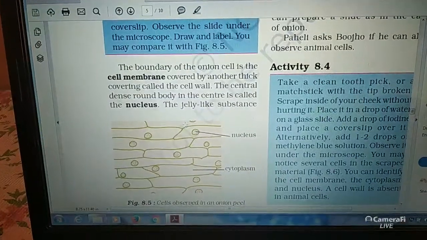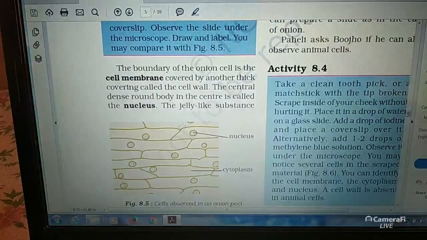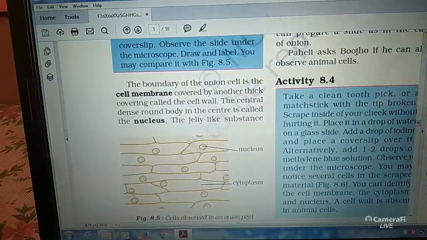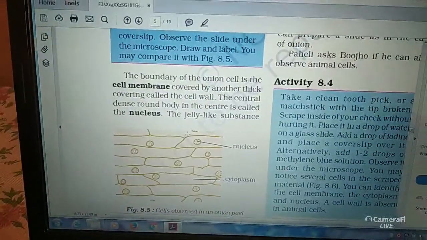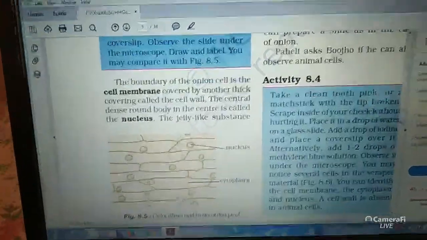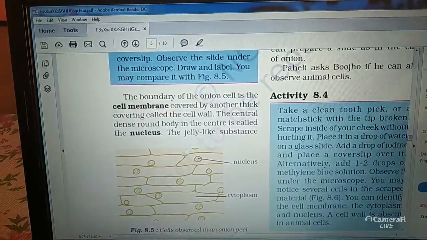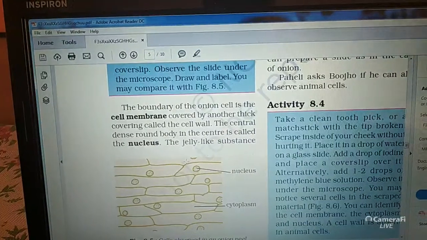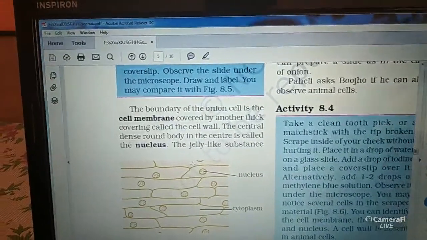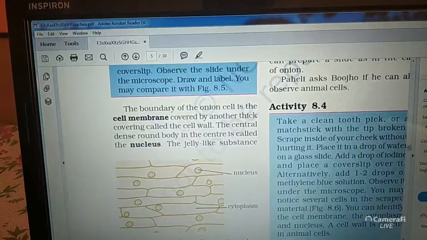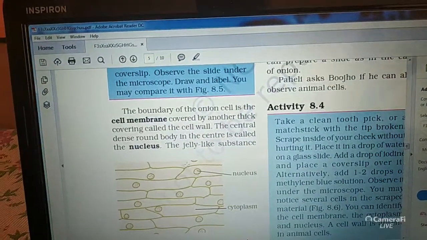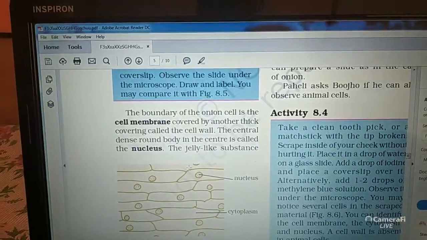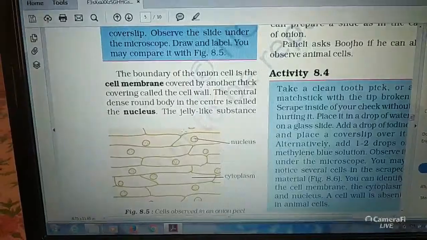The cell membrane gives the cell support and a definite shape, helps it communicate with other cells, and separates one cell from another. Just like between 8A and 8B, if there is a wall, that wall differentiates 8A and 8B, and it can be compared with the cell membrane.